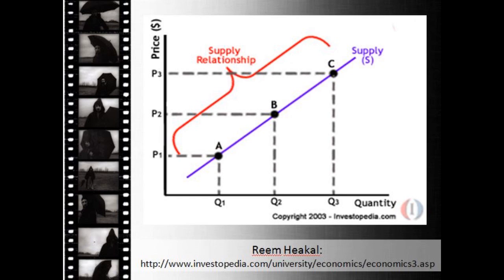Each point on the curve reflects a direct correlation between quantity supplied, or Q, and price, or P. At point B, the quantity supplied will be Q2 and the price will be P2, and so on. It means that if your product is at a low price, you would like to sell less, and if your product is at a higher price, you would like to sell more.